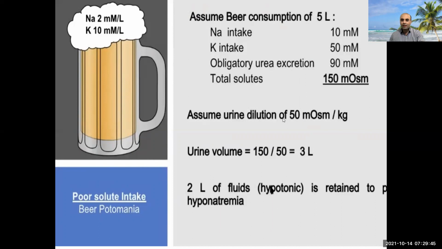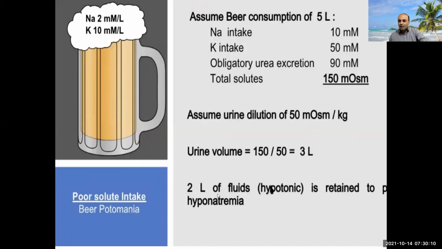Assume urine dilution of 50 milliosmol per kg in a patient with normal GFR. Urine volume will be 150 divided by urine osmolality, 50, which equals 3 liters.